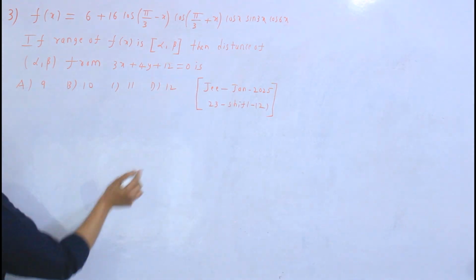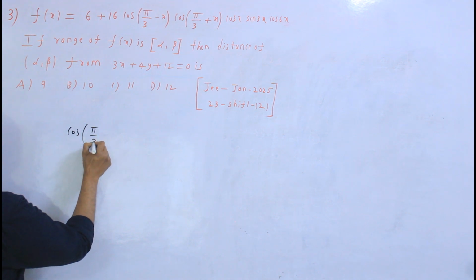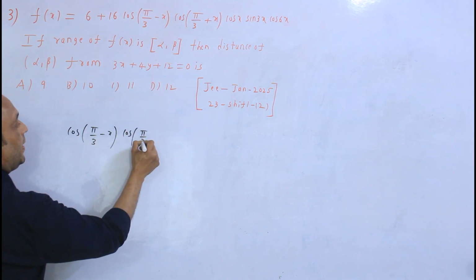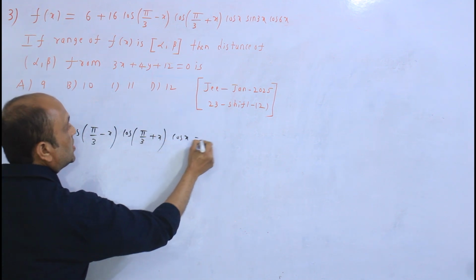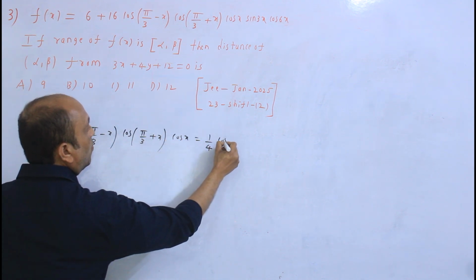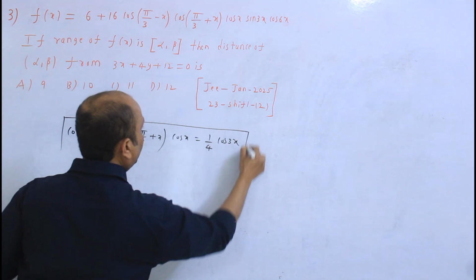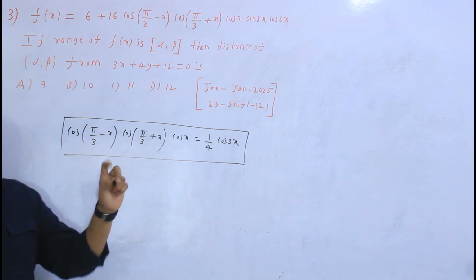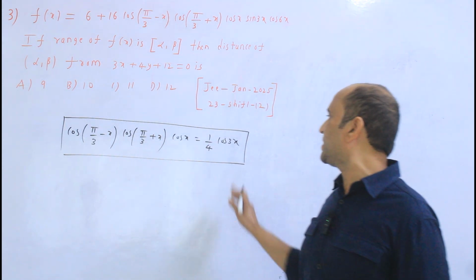Here this is actually in the form of cos(pi by 3 minus x) into cos(pi by 3 plus x) into cos x. Already we know the standard formula: cos(pi by 3 minus x) cos(pi by 3 plus x) cos x is equal to 1 by 4 cos 3x.